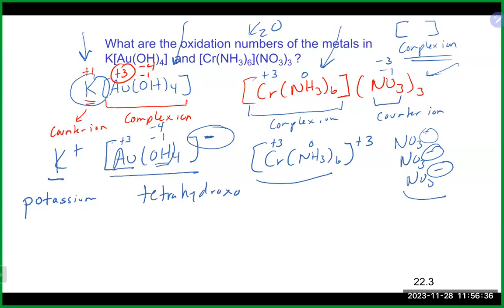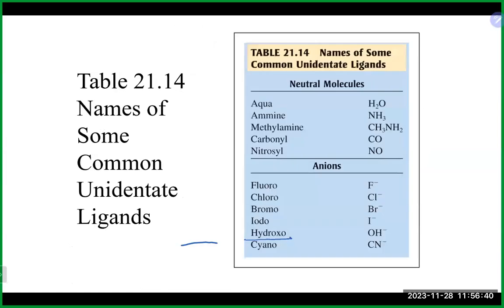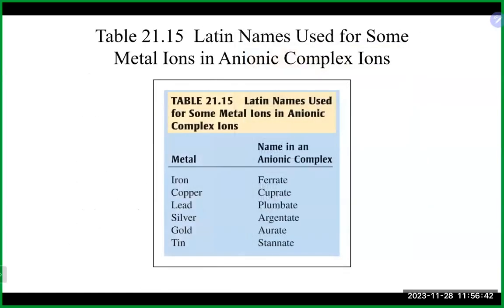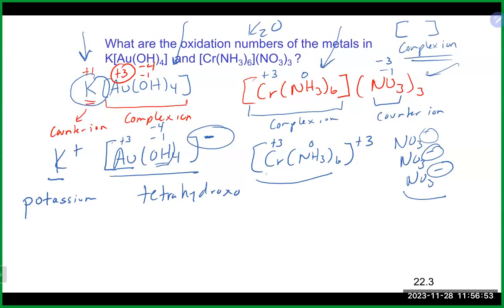We do have to use our old school name for gold, which we saw over here. So we would want to use aurate here, and that would then put that together here. That's aurate, Roman numeral 3, right?